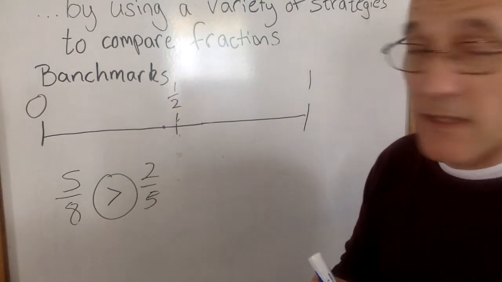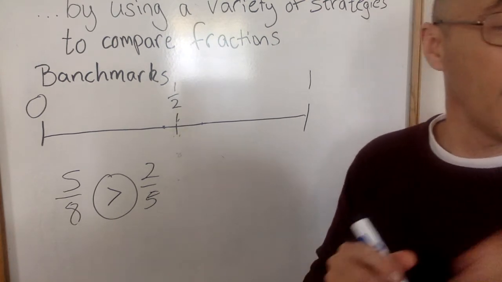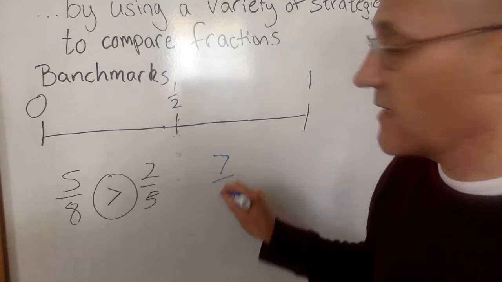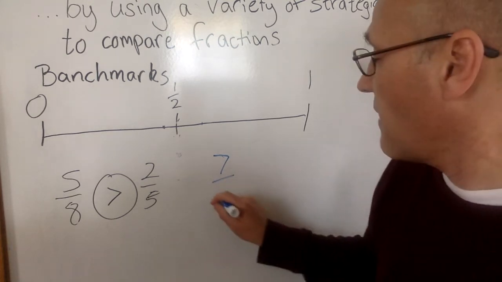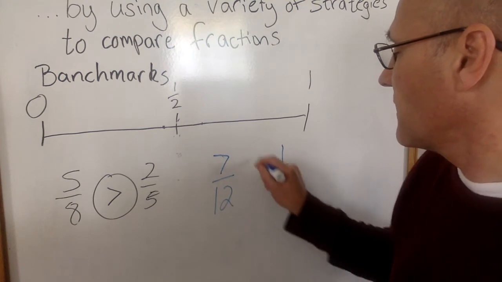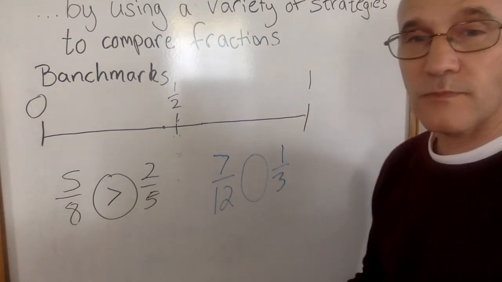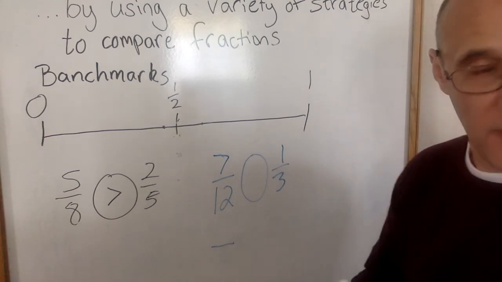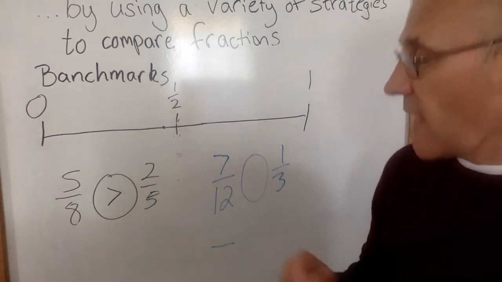All right, let's take a look at another one that's close to a half. All right, let's say we have 7/12 compared to 1/3. So let's think of what is a half. So I'm going to think in my head, what is 1/2?